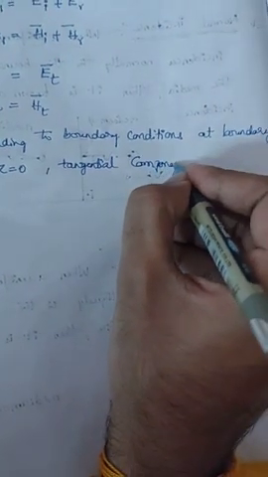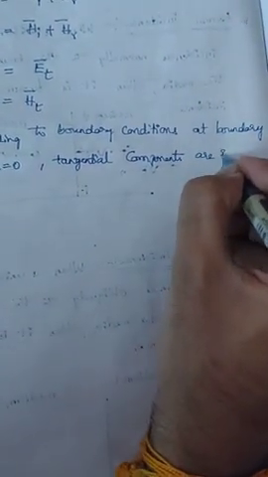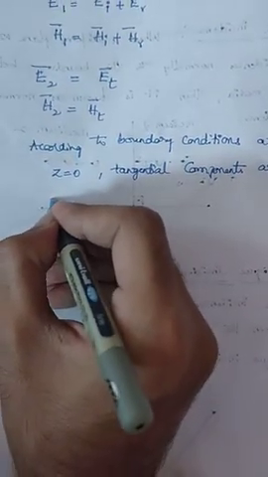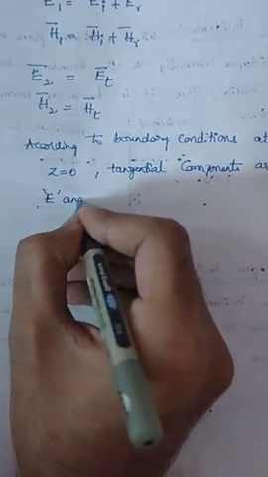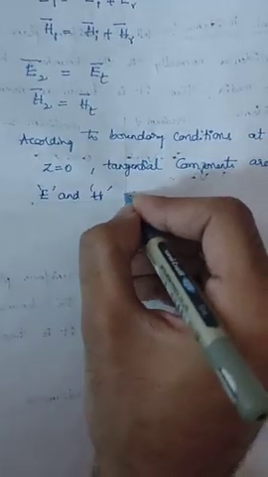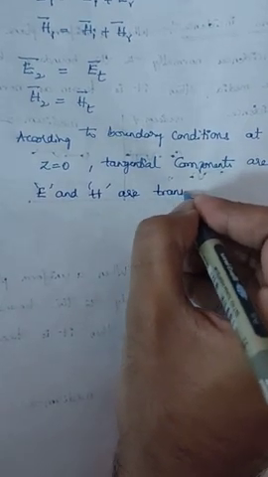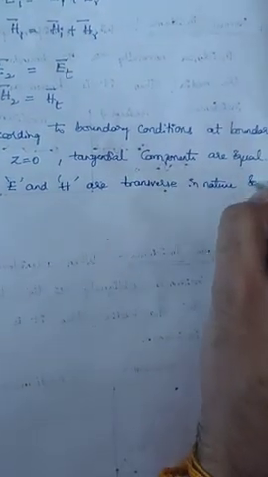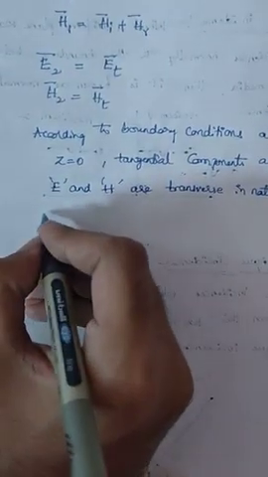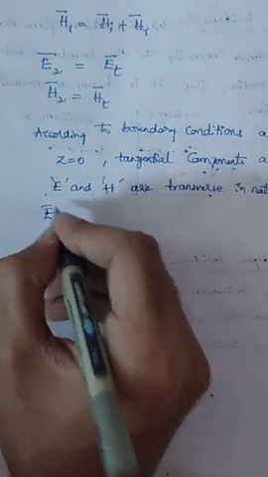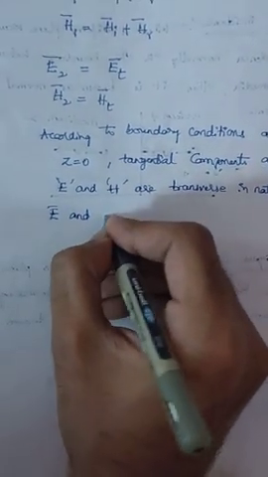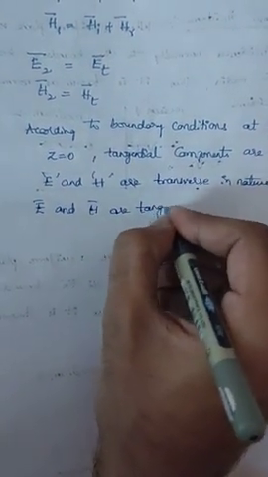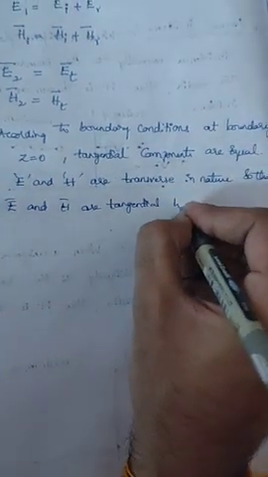The E and H are transverse in nature, so the E and H are tangential to the boundary.